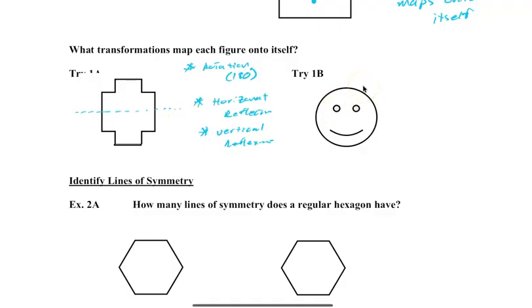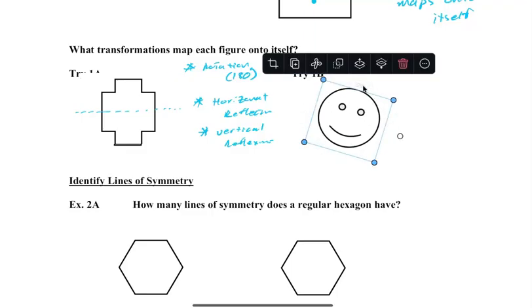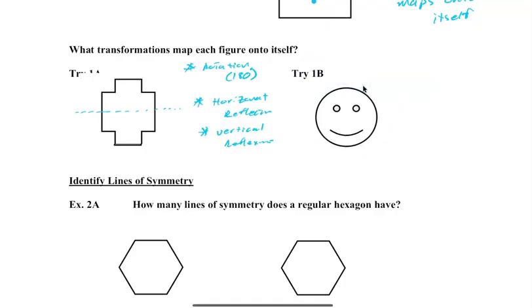Okay, how about this one here? Oh, this is a smiley face, right? So let's see, could I spin this upside down? Not the same, not the same. 180, not the same. No matter what I do, I'm not going to get the same picture. So it does not have rotation symmetry. But we can cut it in half right down the middle.